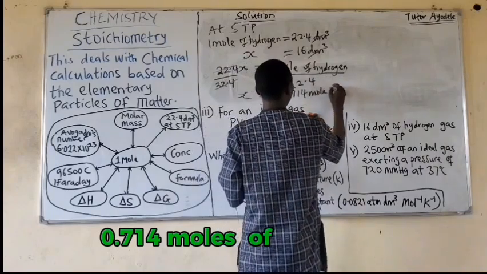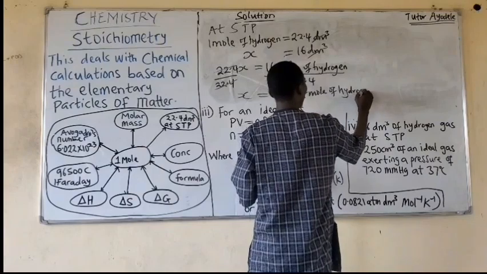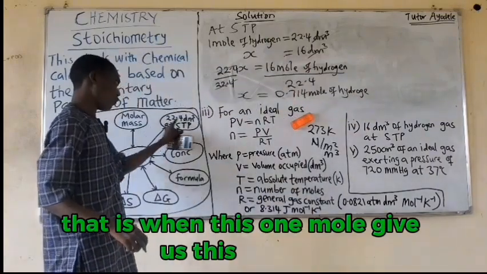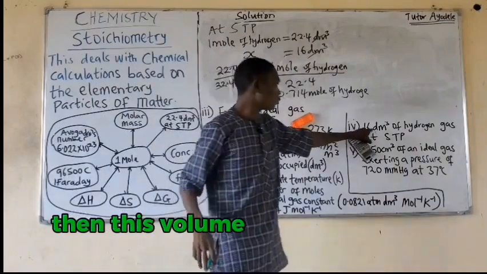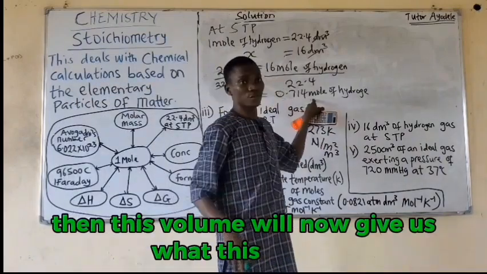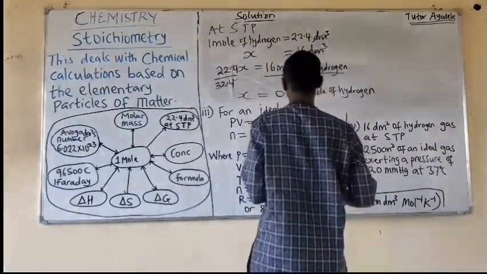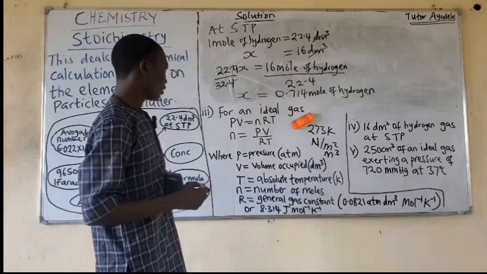Mole of hydrogen. That is, when 1 mole gives us this volume at standard, that one is standard, don't change it, then this volume will give us this mole. Sorry, hydrogen, here it is.